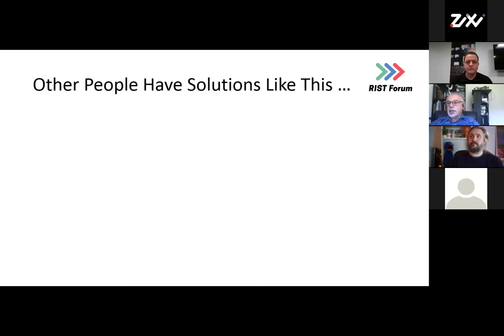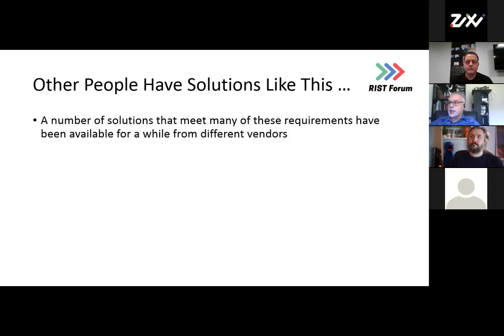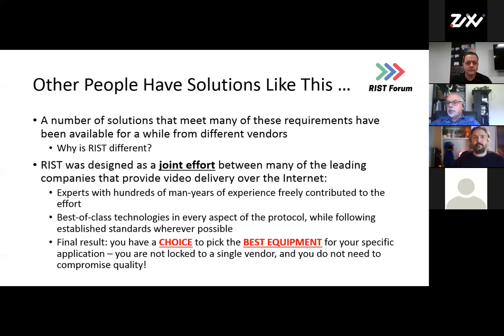They'll say, okay, fine. There are lots of people, including some on this call, who have solutions like this, a number of solutions that have existed for a number of years. So why is RIST different? RIST was designed as a joint effort between many of the leading companies that provide video delivery over the internet.